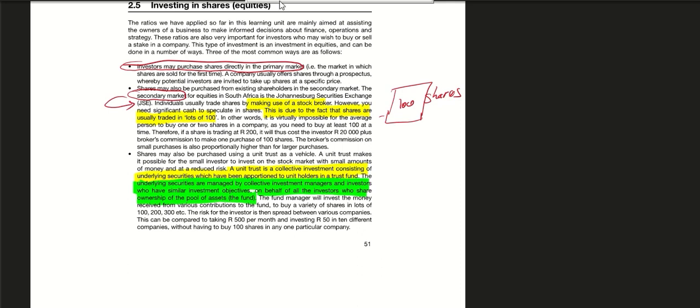Being well diversified means that it minimizes the risk. So you are buying with a small amount of money, but you also have reduced risk, because you are buying a quite well diversified portfolio, right? So these are the three.